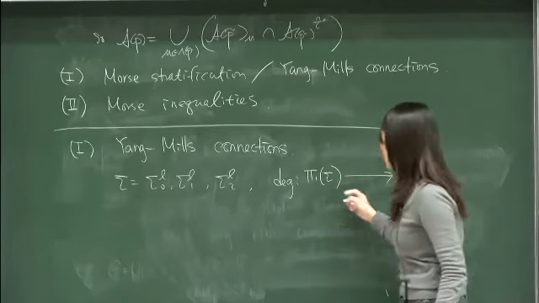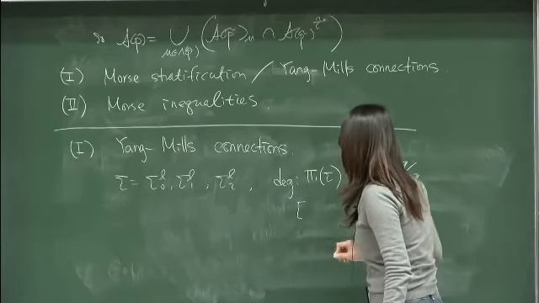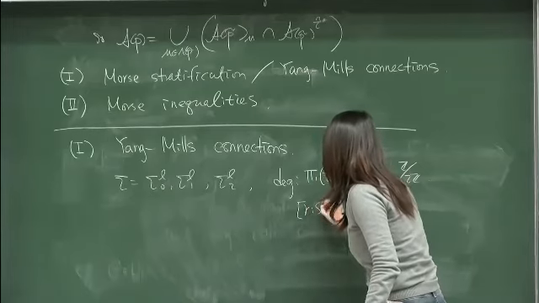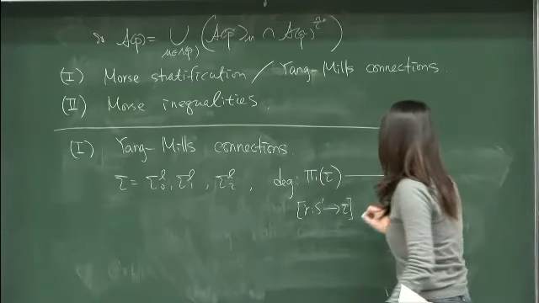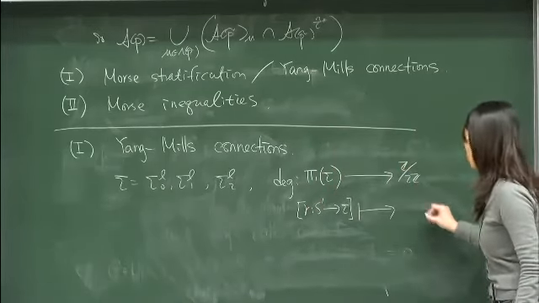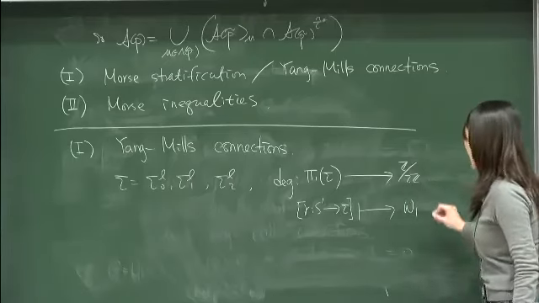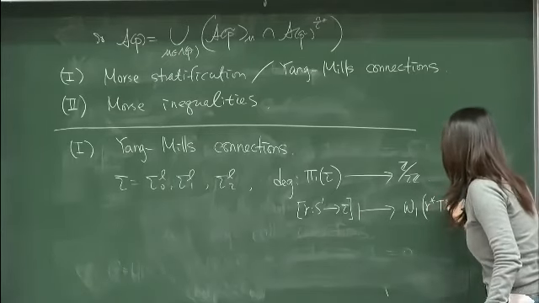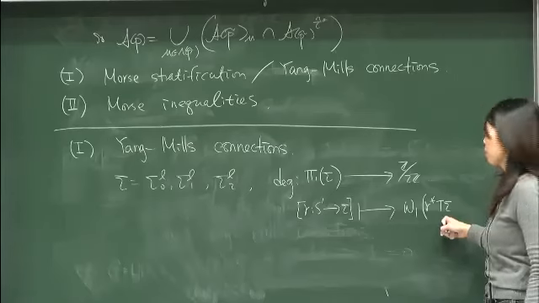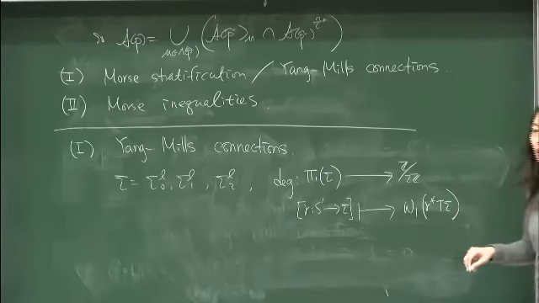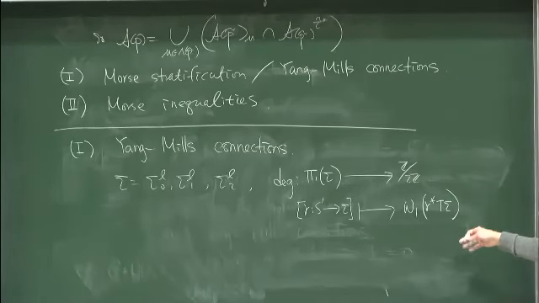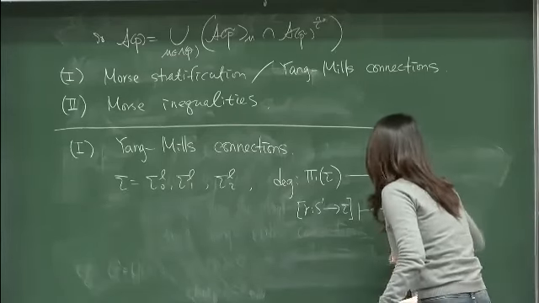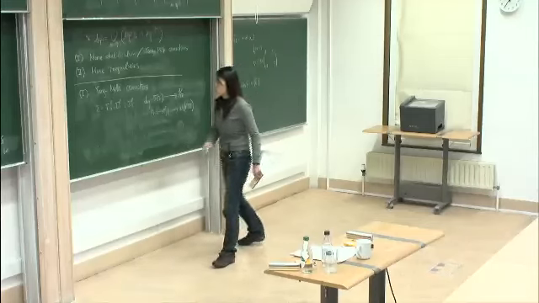So you have an element in this fundamental group, it's a loop, and you send it to the first Stiefel-Whitney class of the pullback of the tangent bundle under this. So you will have 0 or 1, depending on orientable or non-orientable.